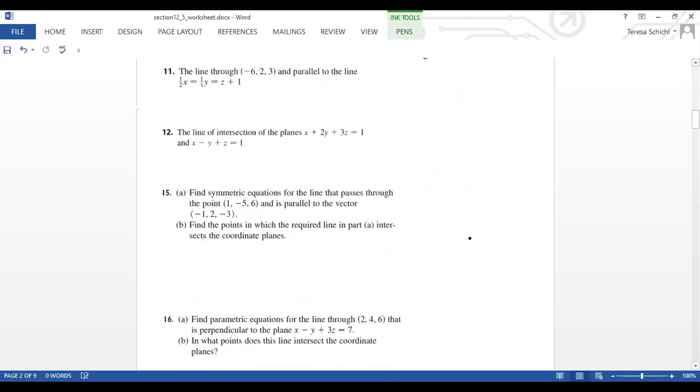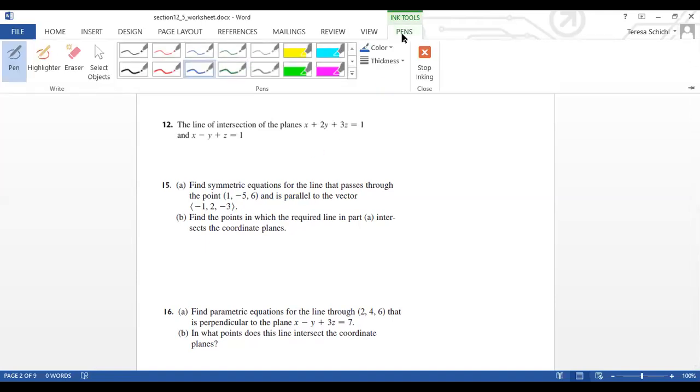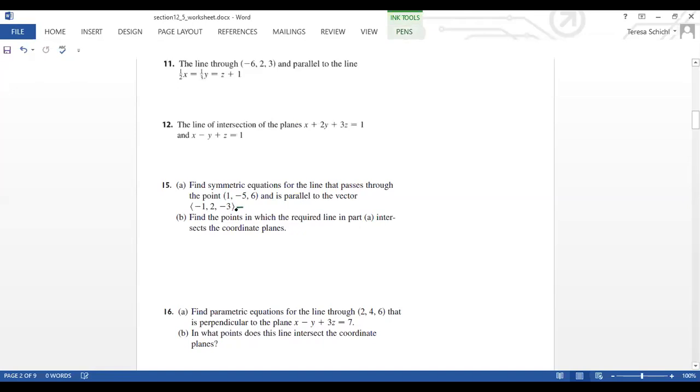Let's take a look at number 15. Find the symmetric equation for the line passing through the point (1, -5, 6) and parallel to the vector. Parallel to the vector means this is my directional vector.